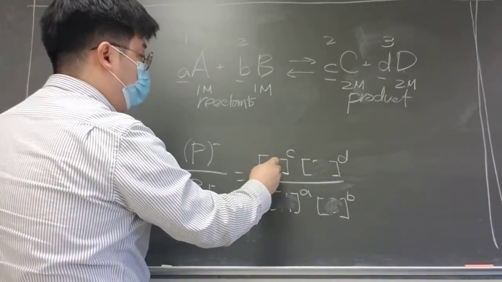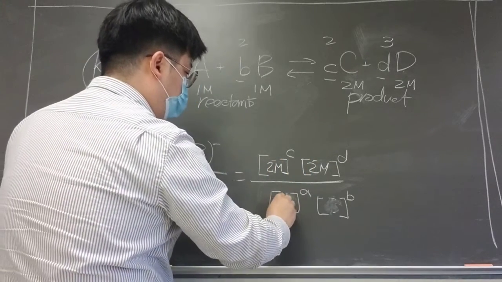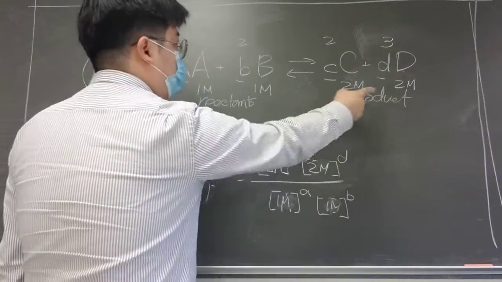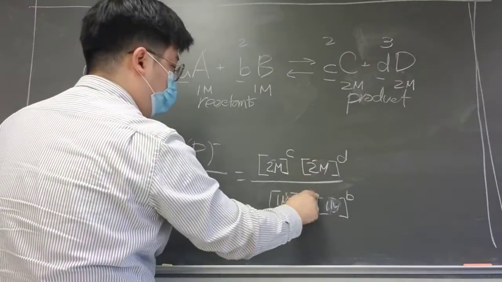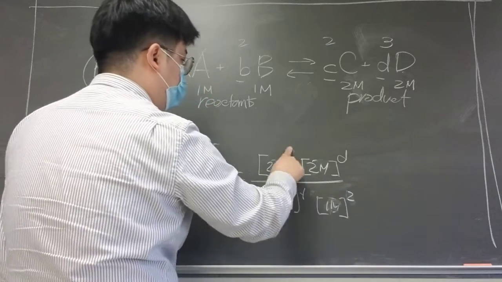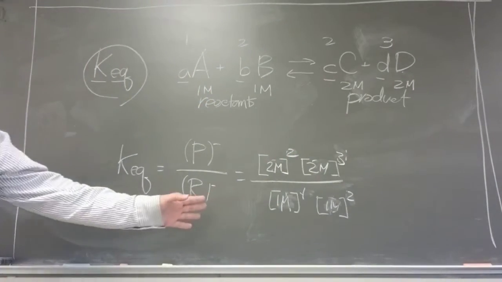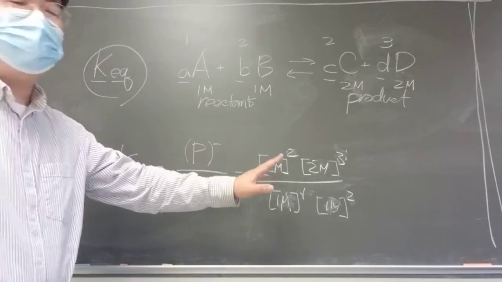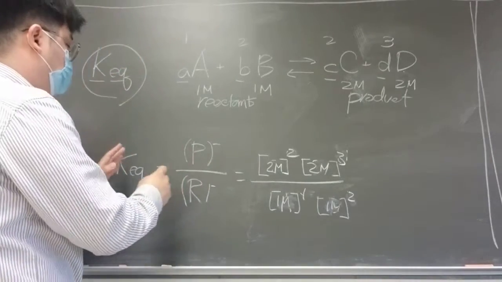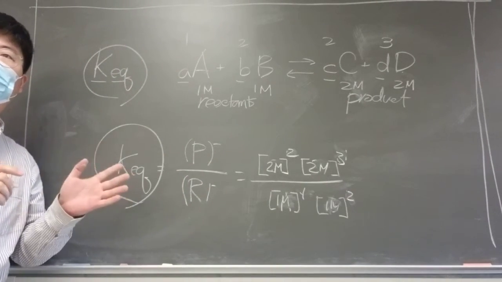So the 2 molar, 2 molar, 1 molar, 1 molar, just copy those numbers, and the coefficient numbers are 1, 2, 2, 3. So you can solve for the equilibrium constant. I'm not going to do this once again, but this is how you can get this number for the equilibrium constant. It makes sense so far, right?